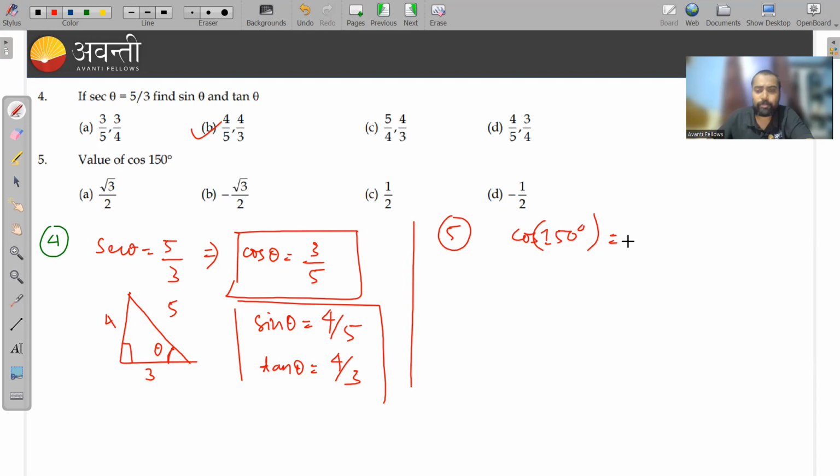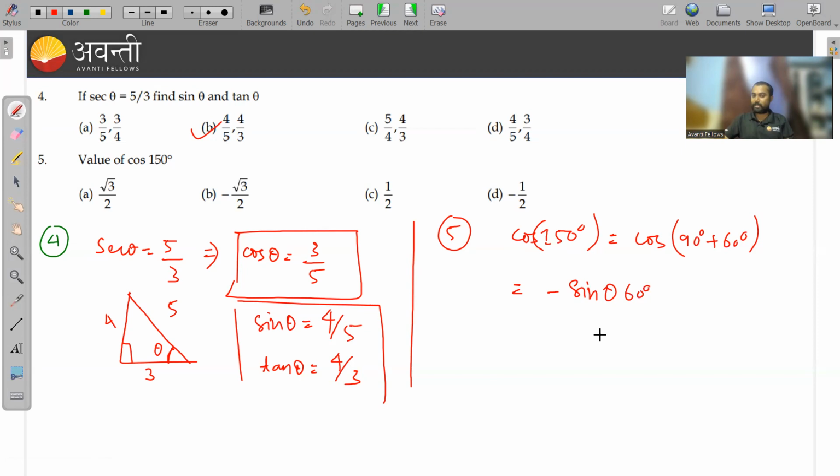So I can break this angle: cos of 150 can be written with 90 degree plus 60 degree. Yes or no? Clear?